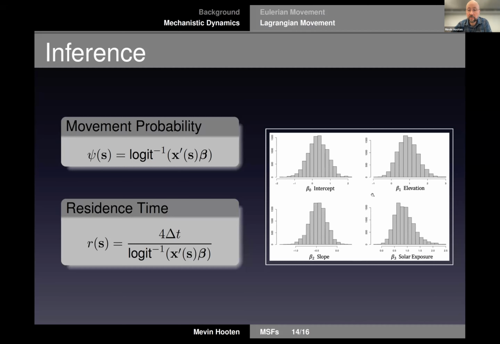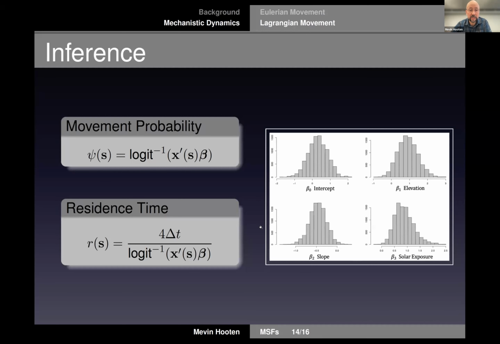And so what does it mean, for example? Well, let's take this solar exposure coefficient for a second over here on the right. It's basically saying that we're seeing a positive coefficient, which would imply as the solar exposure increases, the movement probability also increases.